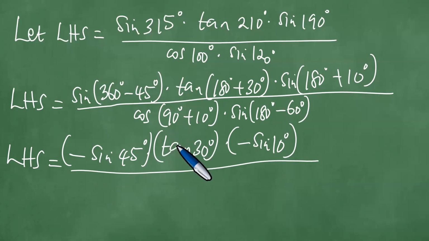In which quadrant is 90 plus, Tando? It is the second quadrant. In the second quadrant the cosine is negative, but there's a co-function change. What is the co-function of cosine?